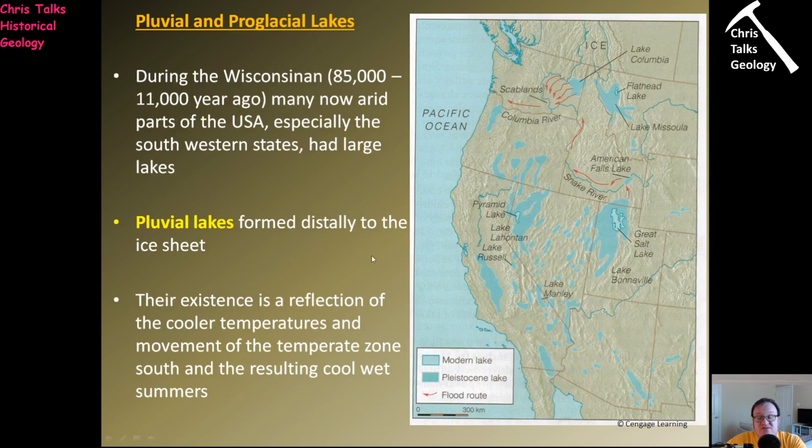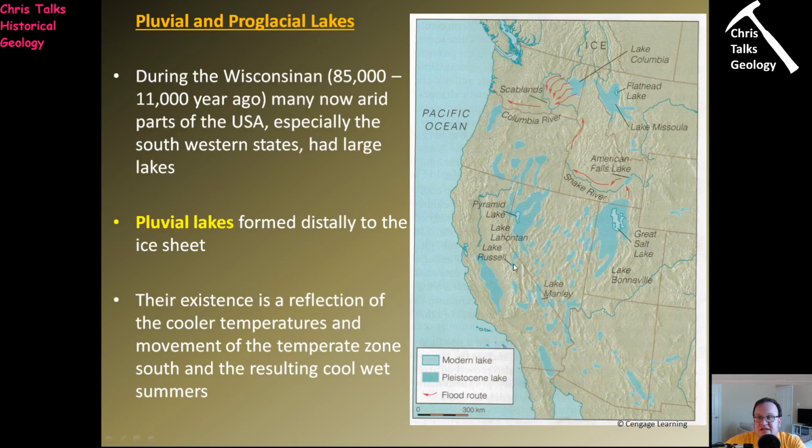They're distal to the glacier; they formed away from it. Their existence is a reflection of the cooler temperatures and the movement of the temperate zone south and the resulting cool, wet summers. So you have ice melt giving water to the area, but also water provided by this new temperate climate, helping to make the lakes as well.